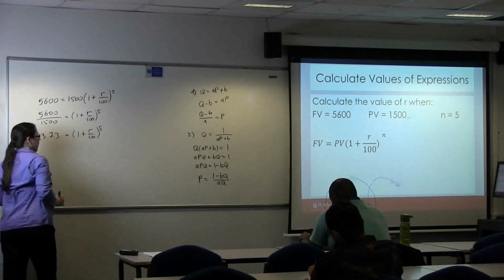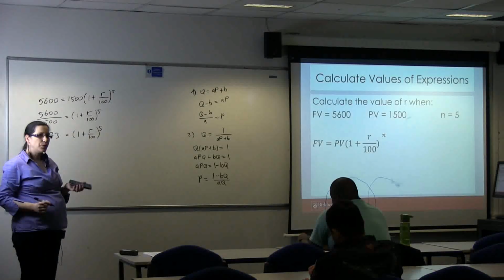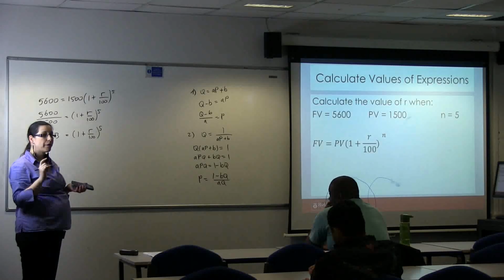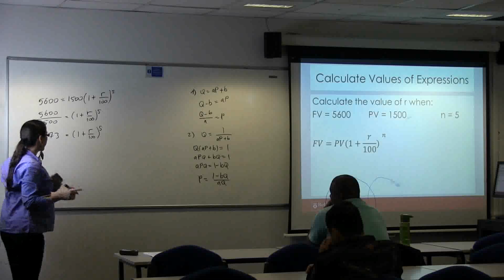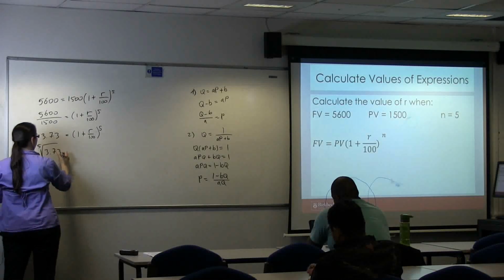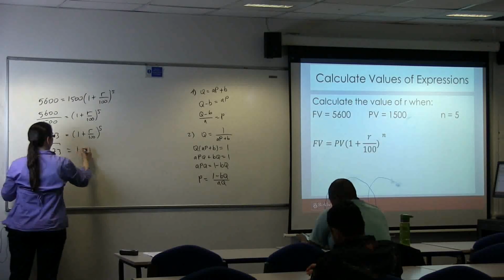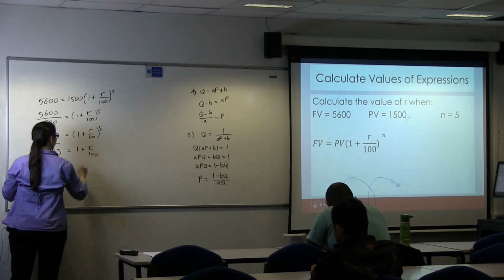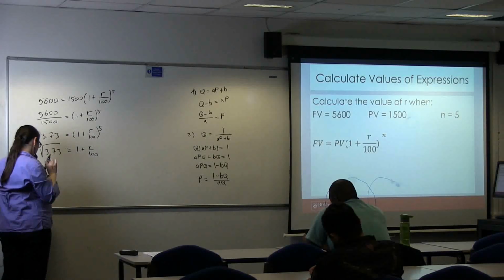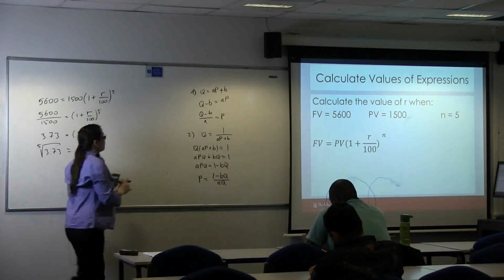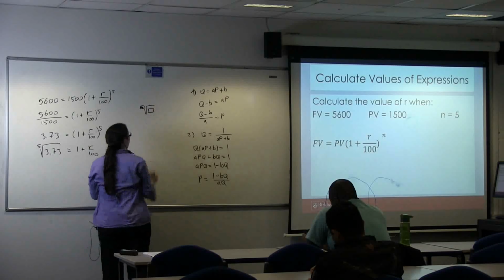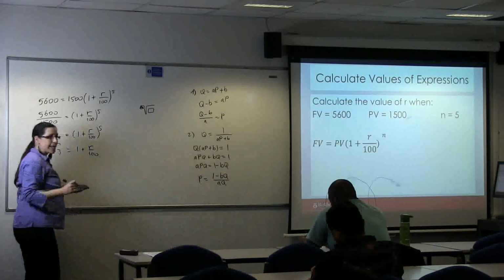I'm just going to keep it simple, but that is equal to 1 plus r over 100 to the 5th power. How do I undo the 5th power? Square root. Not square root, 5th root. So I'm taking the root, but I need to take the 5th root. On the scientific calculator, you have got a button, in yellow on mine, that you need to call on to get any roots.